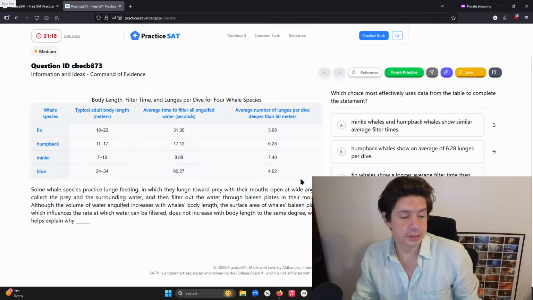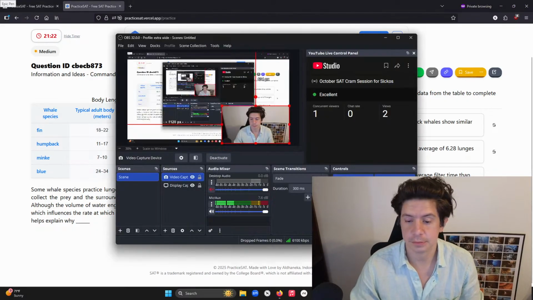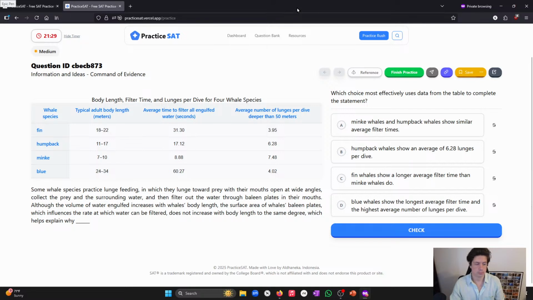Some whale species. Oh, this one I have to shrink myself down. All right.